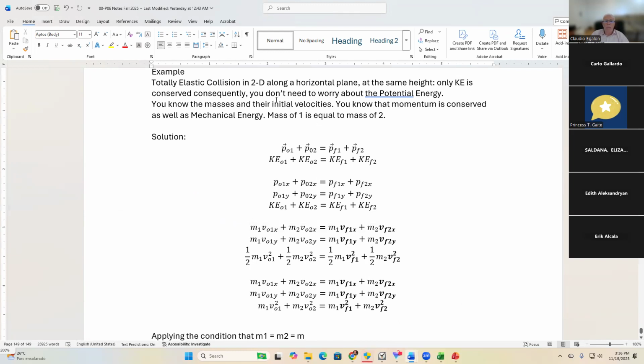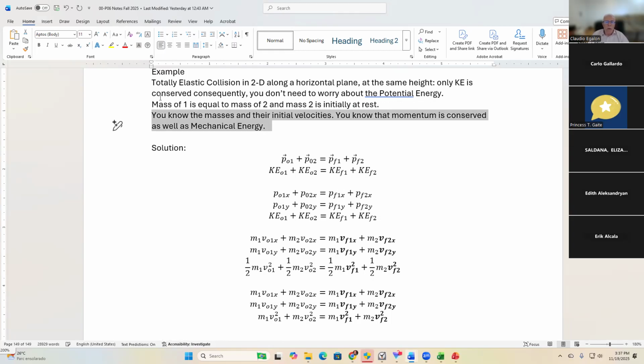Only kinetic energy is conserved. Don't need to worry about potential energy. You know the masses. Mass 1 is equal to mass 2. And let's put another condition too. Mass 1 is equal to mass 2, and mass 2 is initially at rest. So we're going to make it even simpler. Initially at rest. Okay.